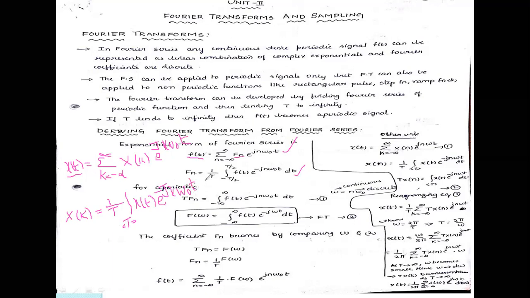Here x of k is the coefficient, written as f suffix n, f of t is the signal, and the variable k becomes n. Following my students, so don't get confused here.